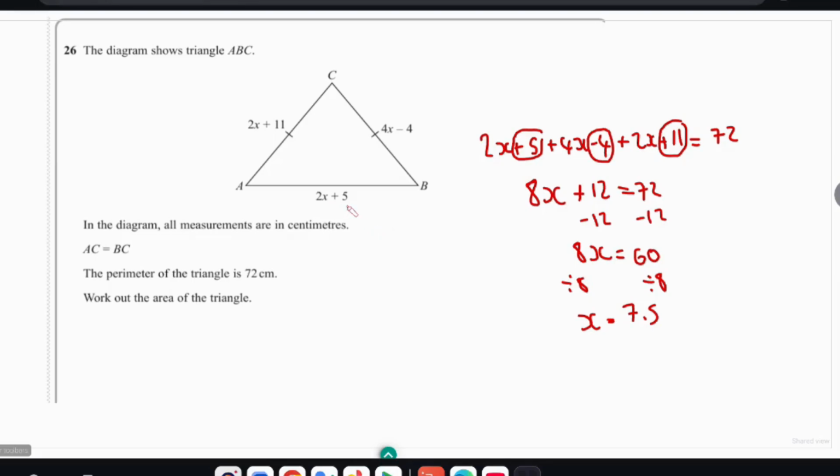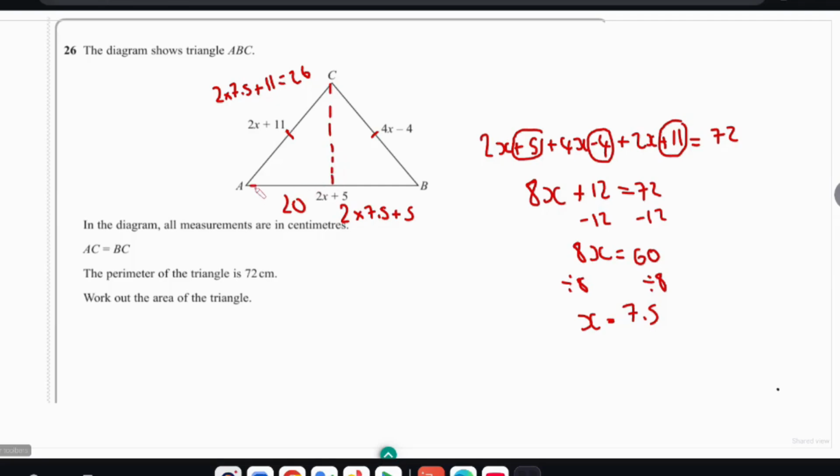So the base measurement here is 2 times 7.5 plus 5, which is 20. And the measurement here is the same as this measurement, so we only need to put it into one of the expressions. 2 times 7.5 plus 11, 26. Okay, now to work out the area of a triangle, it's base times height divided by 2.